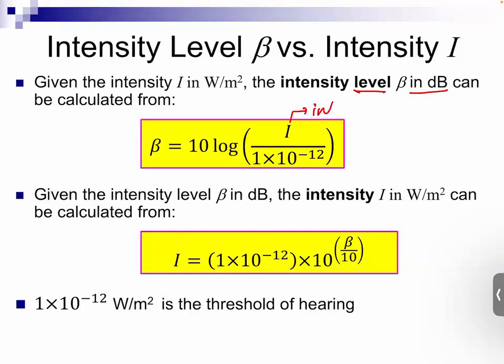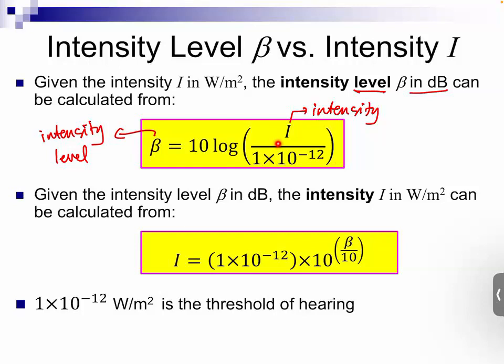The 1 times 10 to the minus 12 in this equation is the threshold of hearing, a constant number that we will assume.